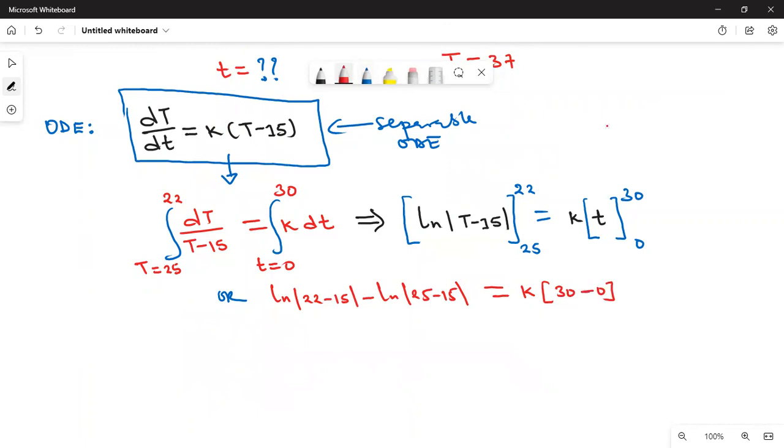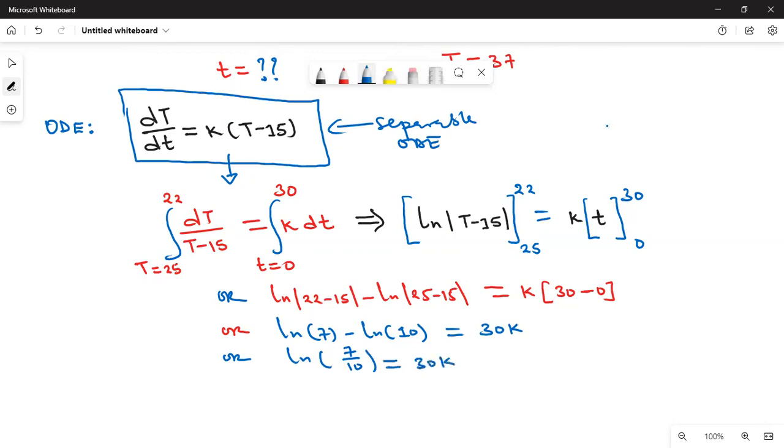This is the same as ln of 22 minus 15, that is 7. So ln 7 minus ln 10, the other one, is equal to 30k. So you could make k the subject. This can also be written as ln of 7 over 10 is equal to 30k.